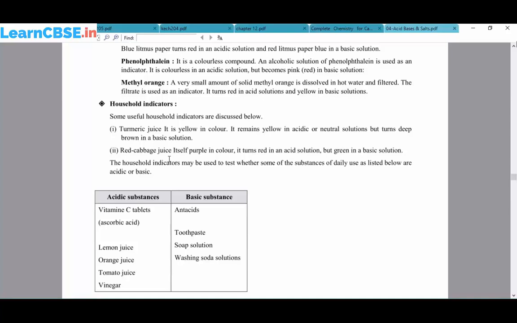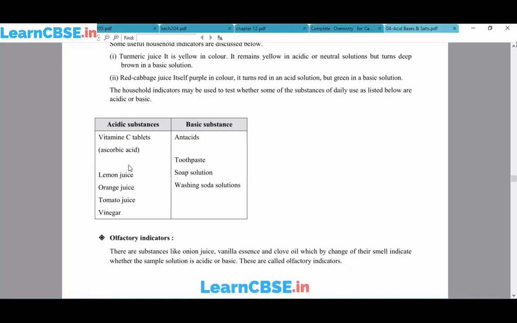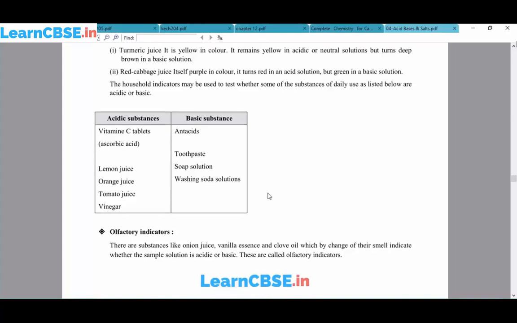Red cabbage juice is purple in color, but it turns red in acid solution and green in basic solution. Some other common household indicators: vitamin C tablets, ascorbic acid, lemon juice, orange juice, tomato juice, vinegar, antacids, toothpaste, soap solution, washing soda solutions.